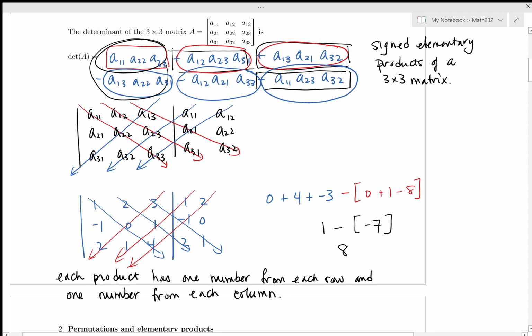And multiplying by 0 is easy. So seeing lots of zeros can give you a sense of relief when you're trying to calculate a determinant.